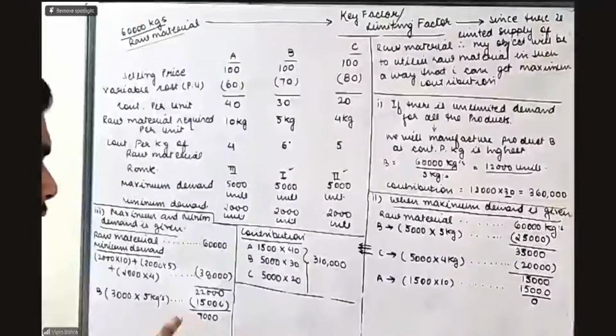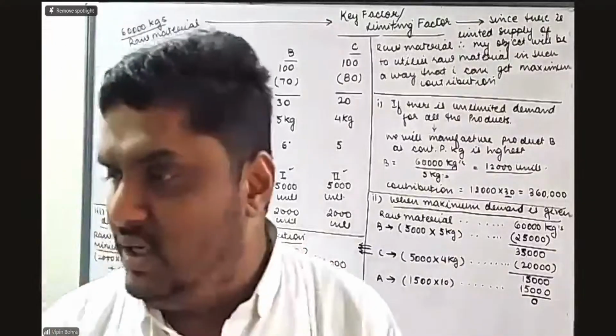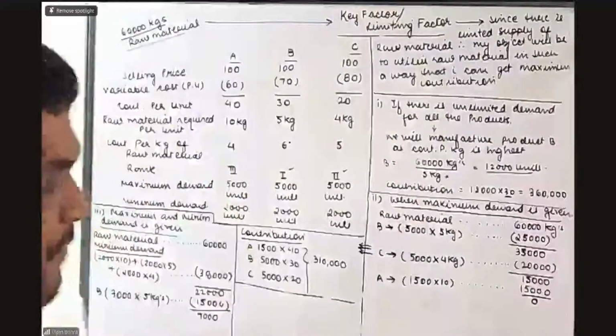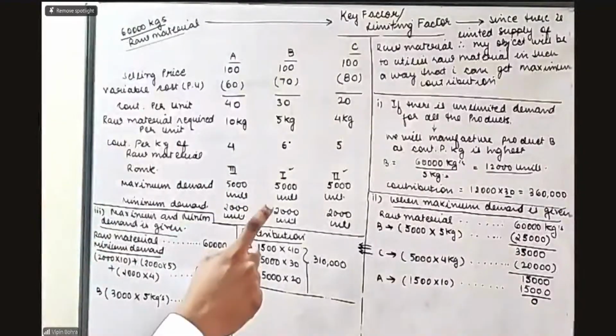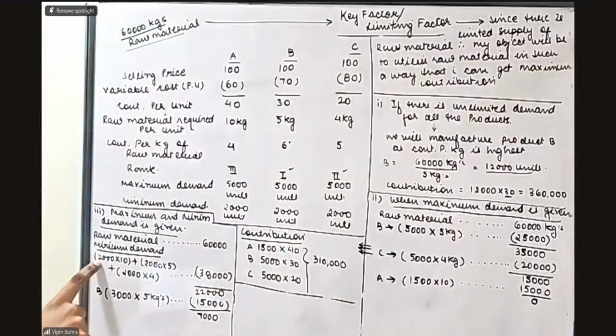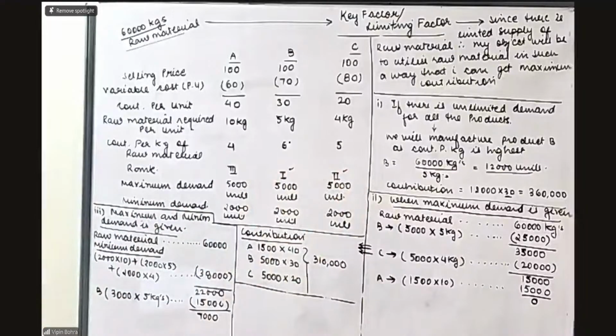So product C, how many units that can be manufactured? Sorry, it was for product C actually. So product C, how many units we can manufacture? We are done with B, that is 2000 here and 3000 here. So now the second priority is given to C. So 2000 units are already manufactured.